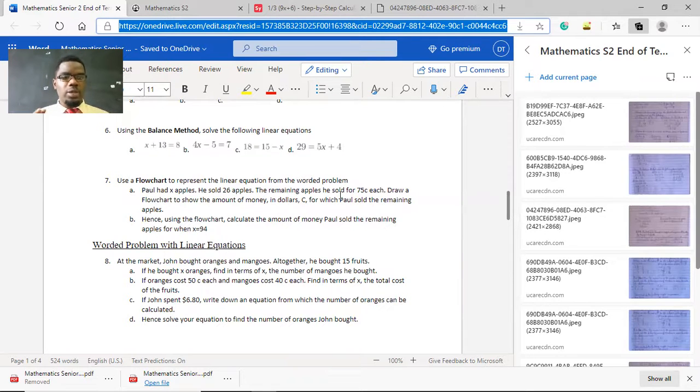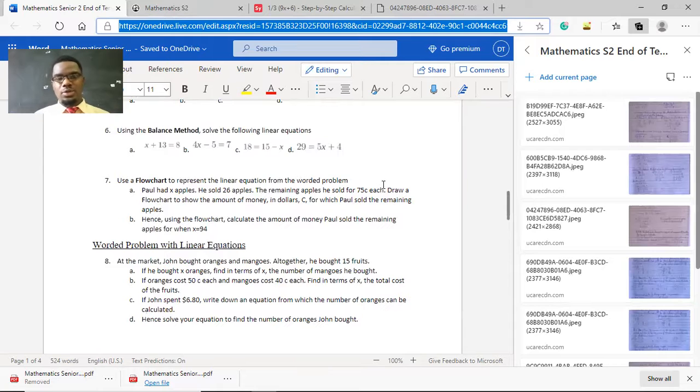Subtraction. So an expression to show how many apples Paul has now would be: he had X, he gave away 26, so therefore his final value is X minus 26. Understand? Okay, right?